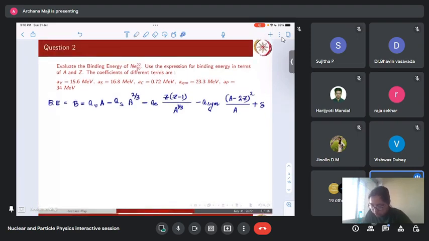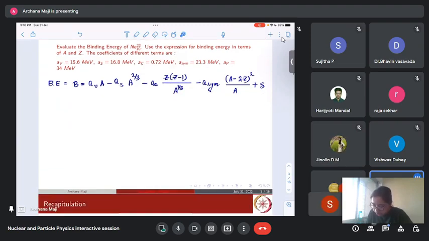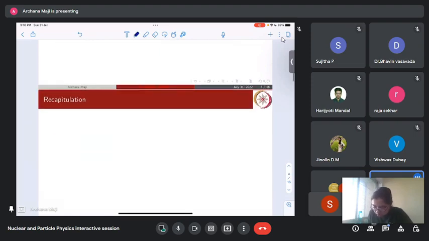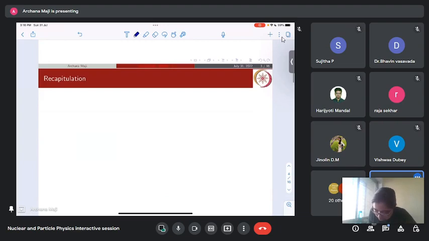So let us recap. I suppose that you have gone over the lectures, so this formula was derived and explained there. Let us remember what the binding energy is.